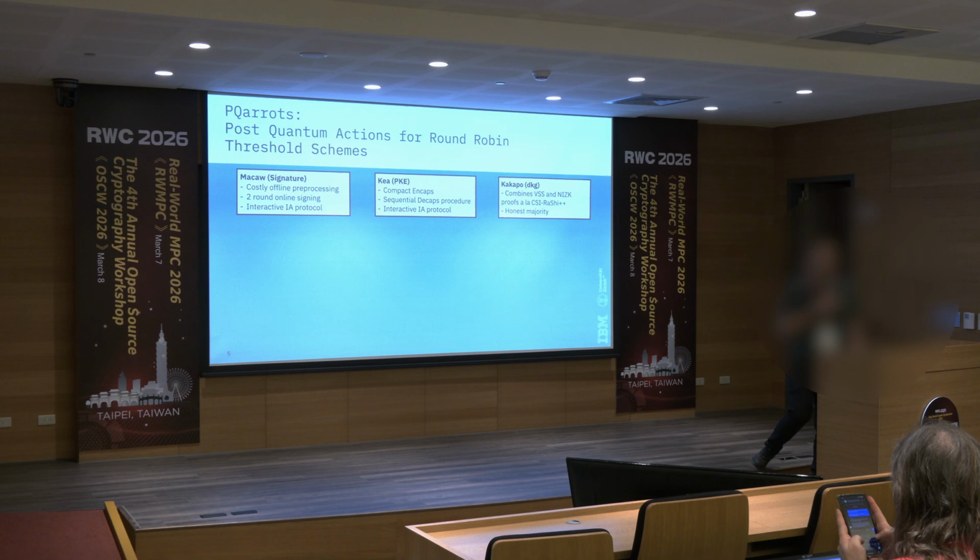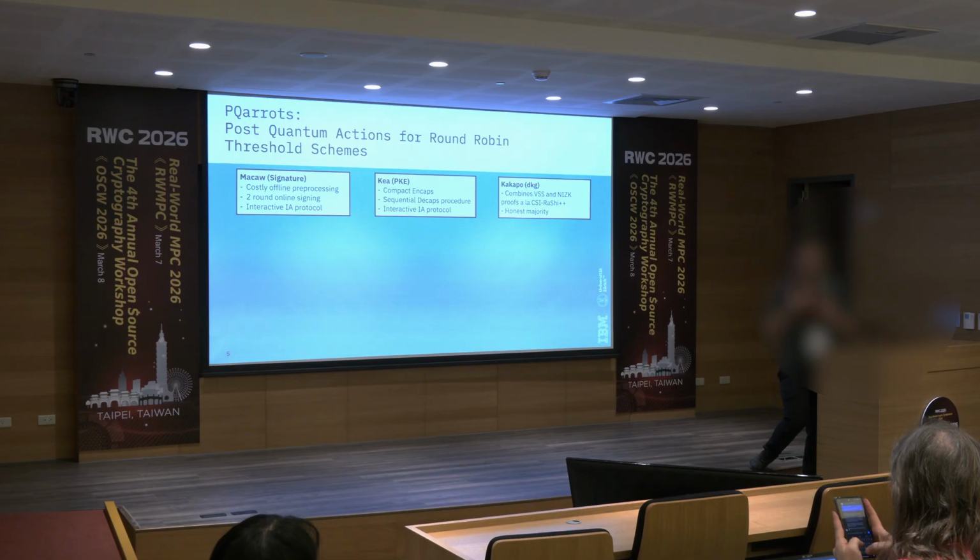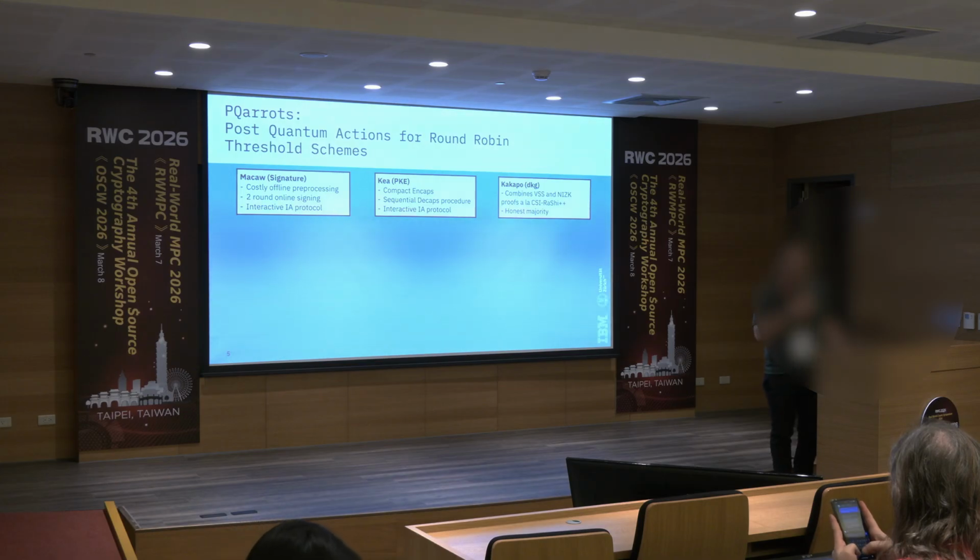Then a public key encryption that essentially relies on an KEM, one of the main byproducts of isogeny-based group actions, with a distributed decapsulation procedure. And then eventually these two schemes can be augmented with a distributed key generation procedure.